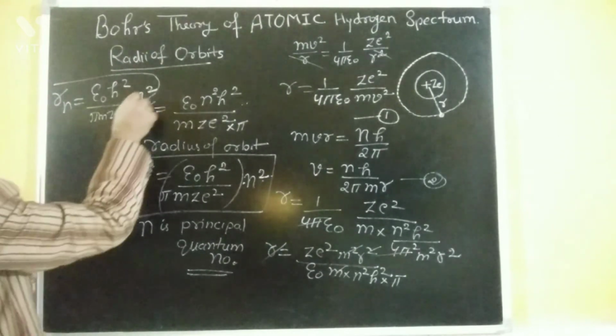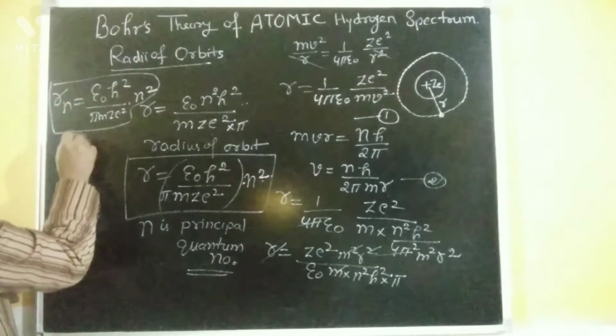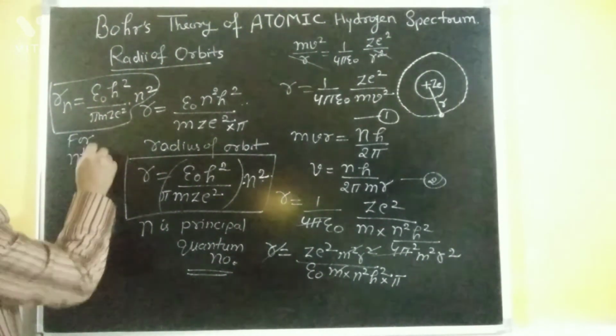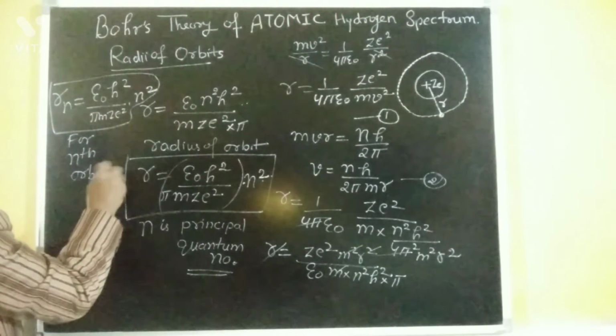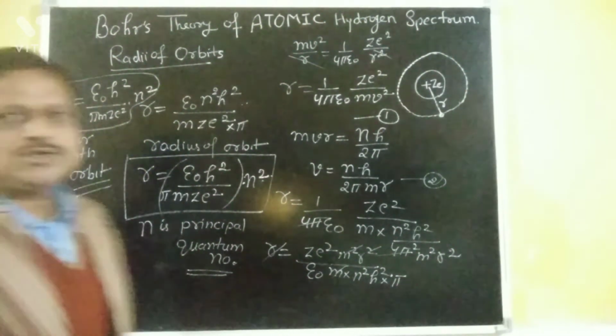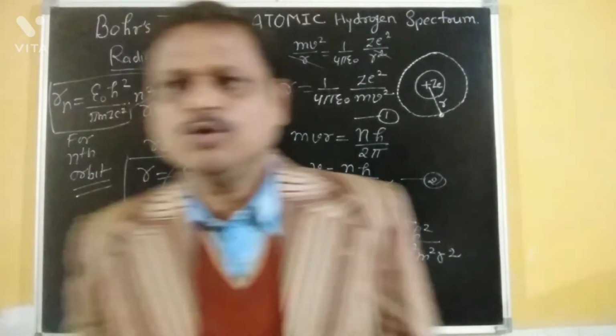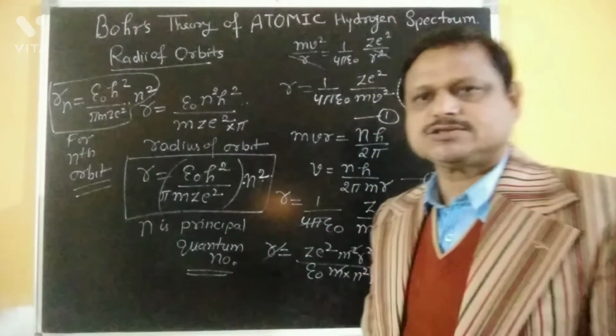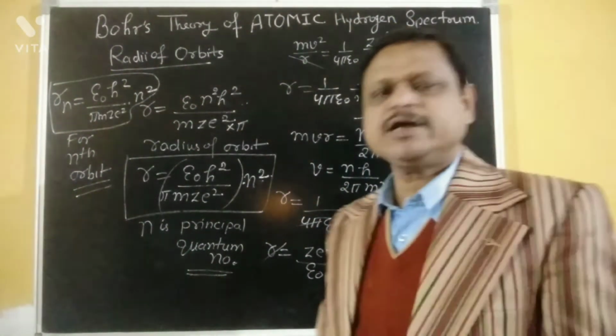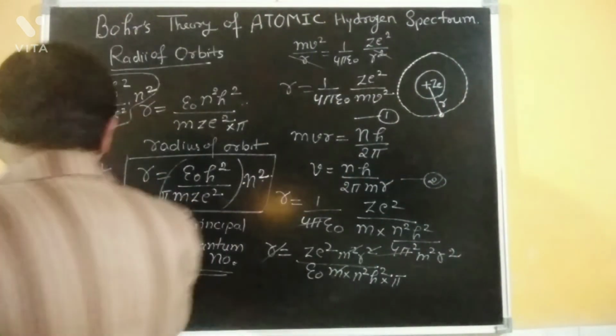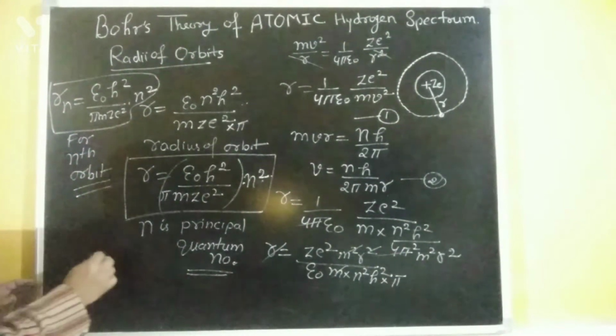This is the expression for the nth orbit. This is the calculation of Bohr's atomic radius. Is it clear?